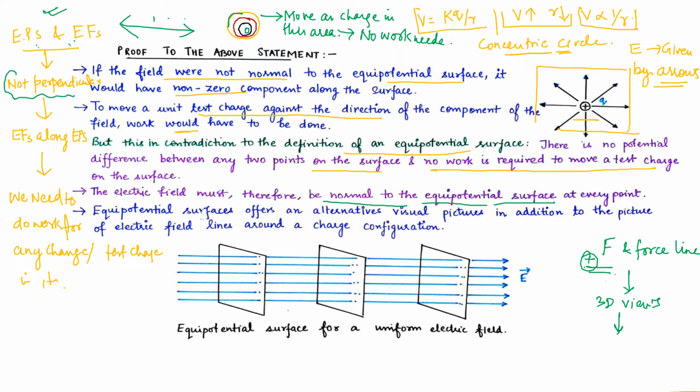So see here, we have a square, or a rectangle, a quadrilateral, and here is the beam which is passing through these equipotential surfaces.